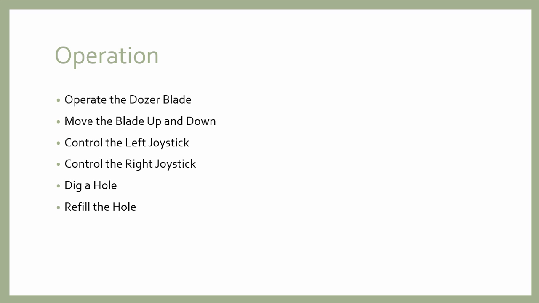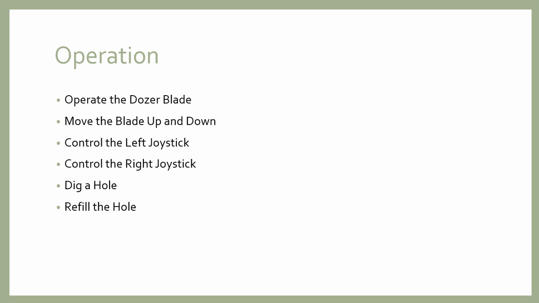Next is the third step, that is control the left joystick. When we control the left joystick, it controls the rotation or moving of the boomstick. The fourth step is control the right joystick.